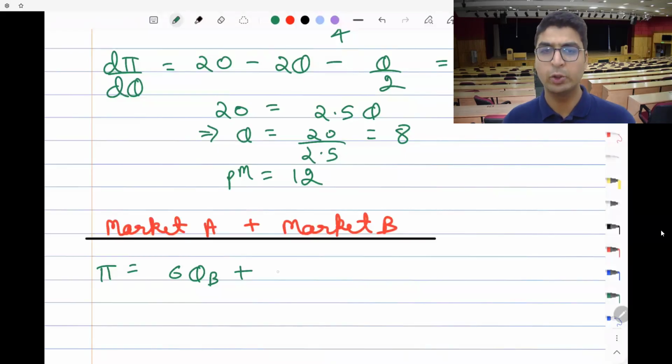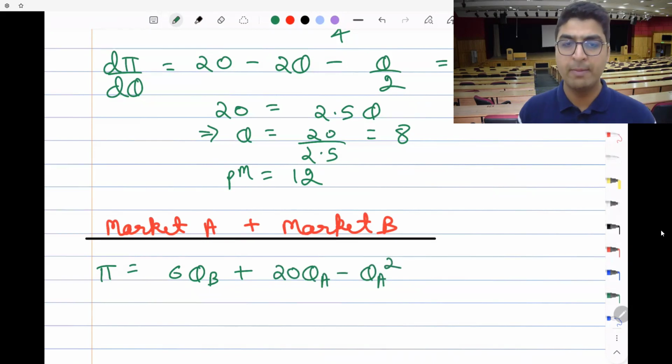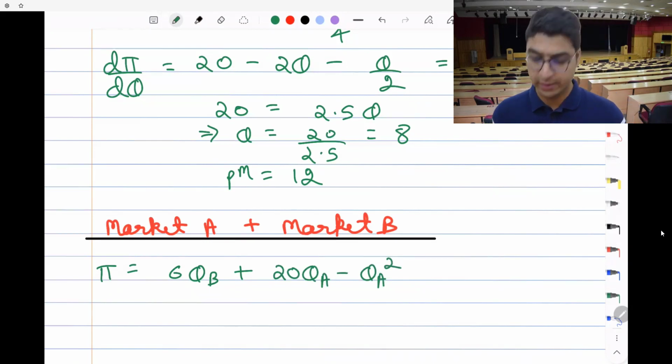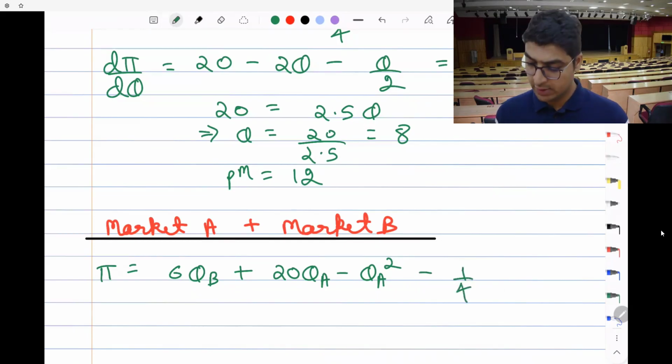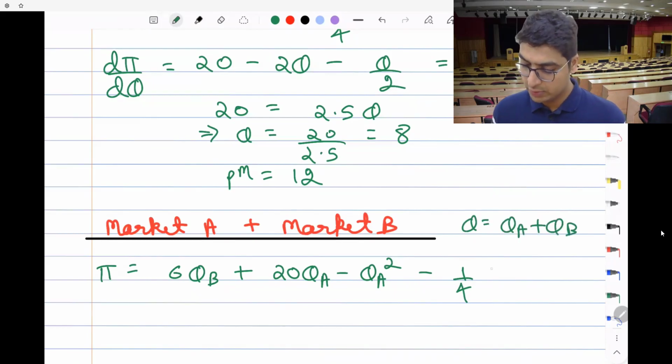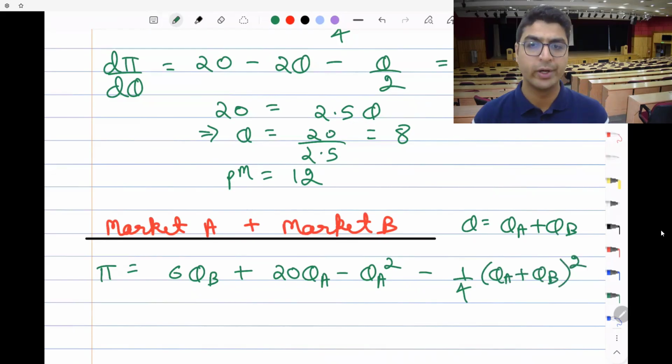So basically the total revenue from market A would be 20QA minus QA square. So this is the total combined revenue from both the markets. Minus 1/4 Q square, but this time Q is equal to QA plus QB. So (QA plus QB) squared.